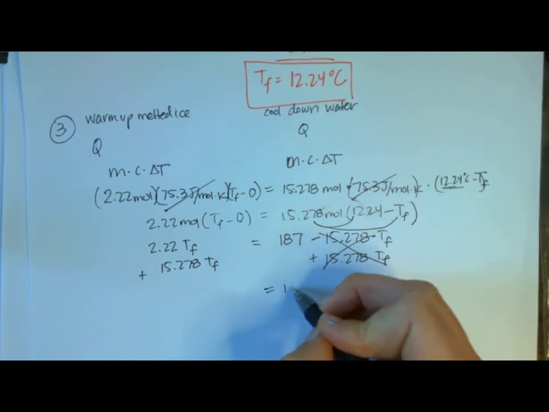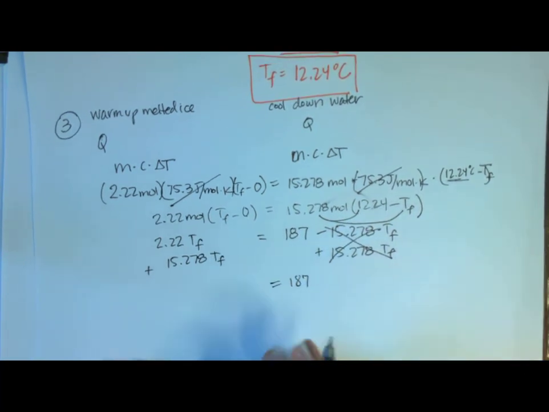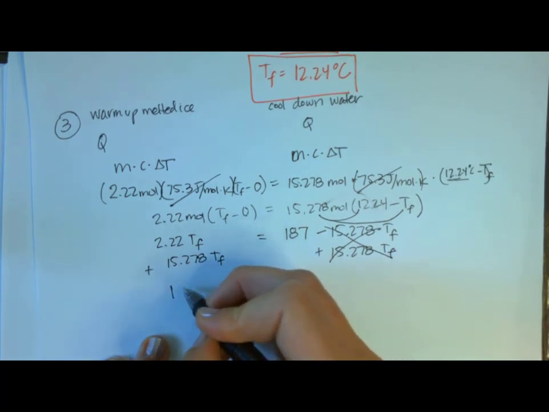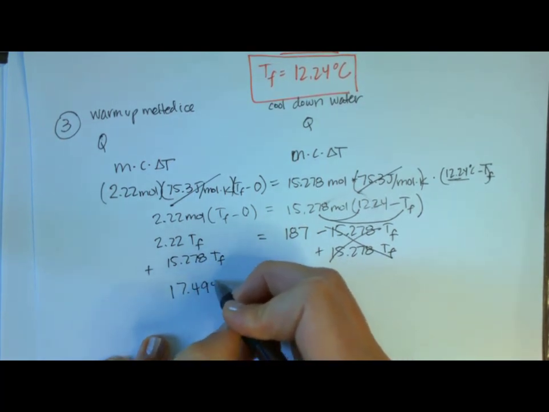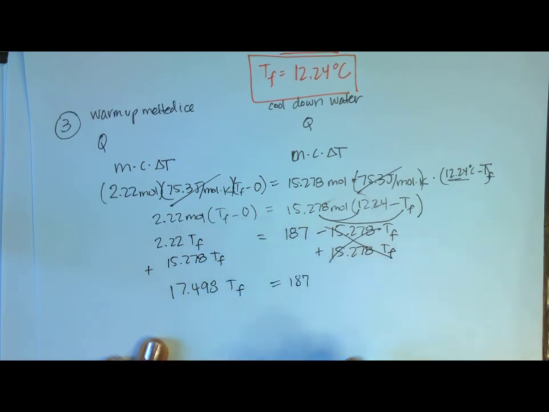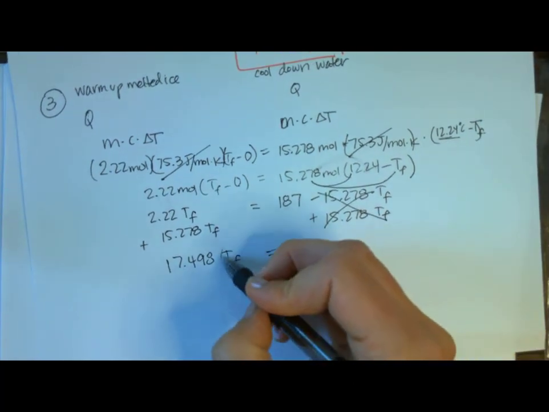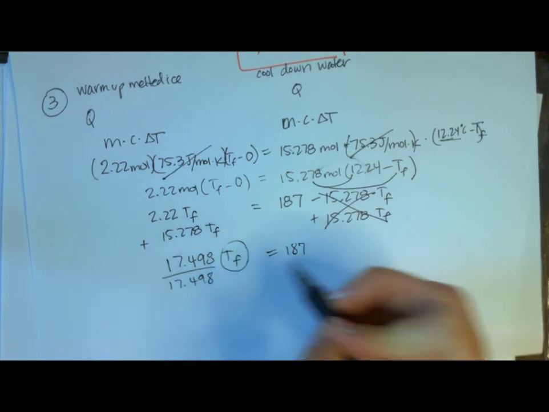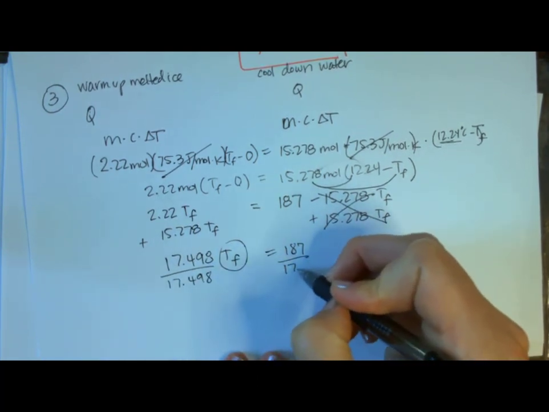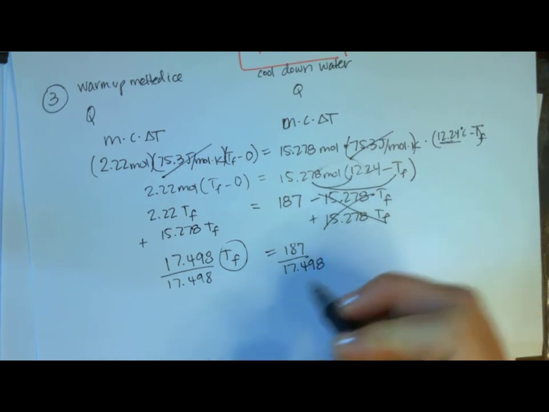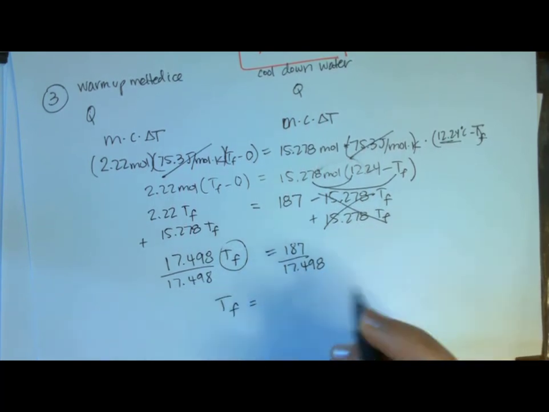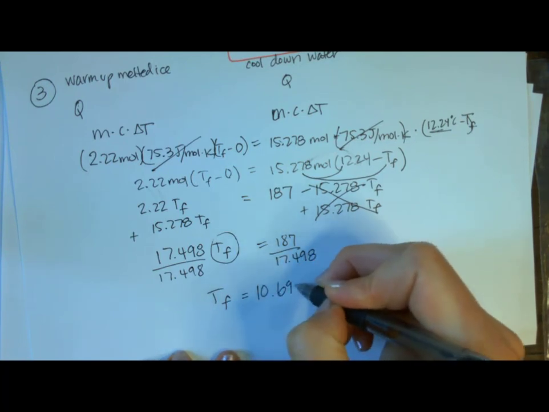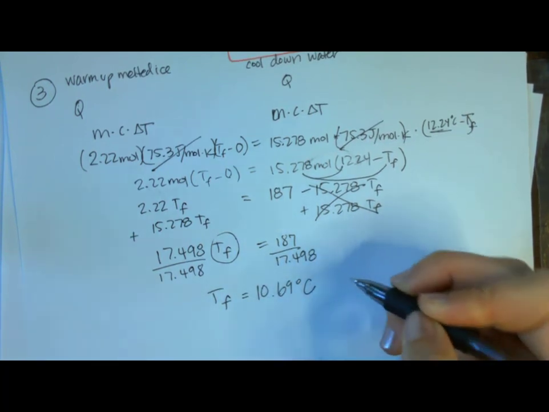So I'm left with 187 is equal to, what is this, 17.498 TF? Now to get my final temperature all by itself, I need to divide both sides by 17.498. And I should get a final temperature of 10.69 degrees Celsius.